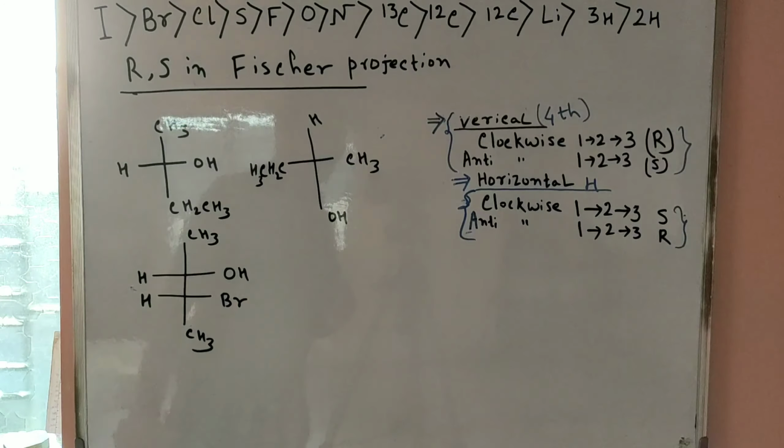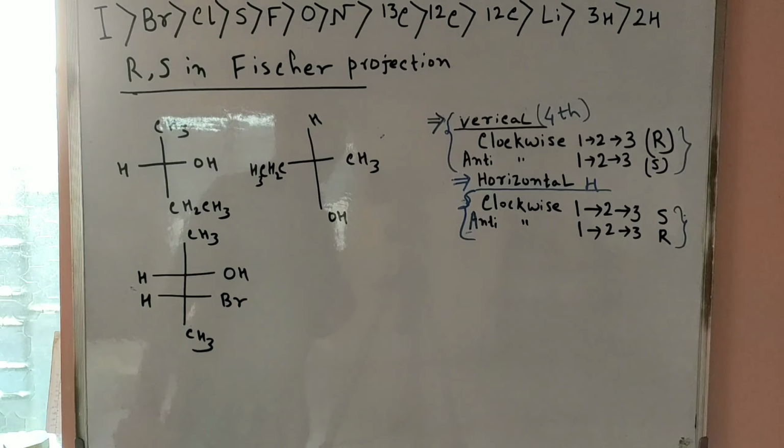Then for this other carbon atom, according to our priority rule, this one is not 1, this one is 1, then 2, 3, and 4. Here the rotation is clockwise, 1, 2, 3, where 4 is vertical, downside.